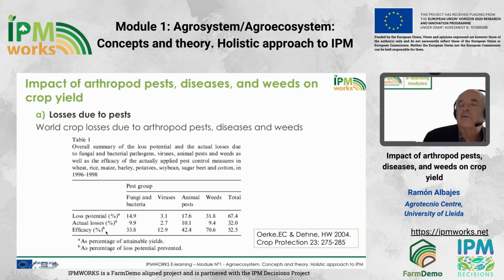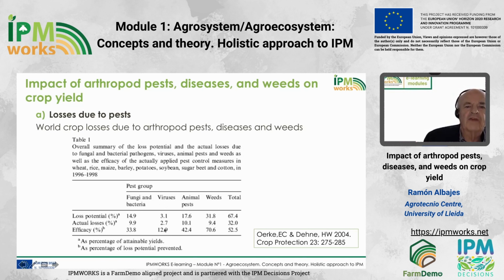And really, we have losses of about 10% with the control measures we use today. This means we have an efficacy of 34% to control fungi and bacteria.